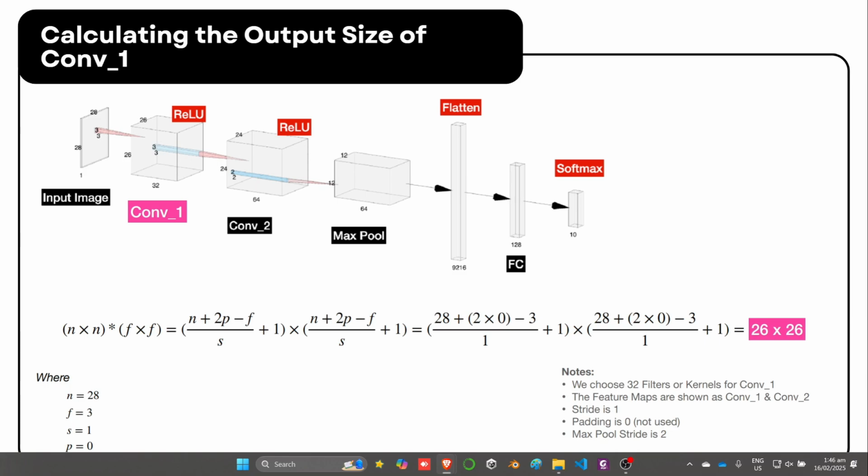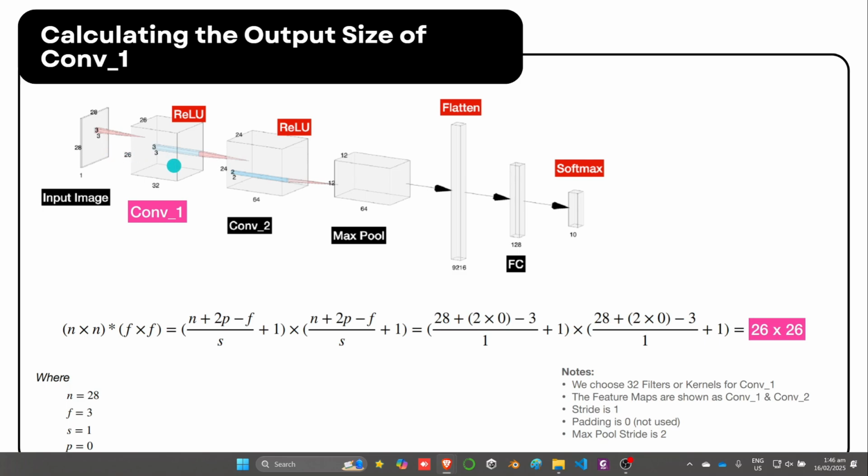So let's take a look at how we calculate the output size of the first convolutional layer, the one in pink. You can see we had a 28 by 28 input and a 3 by 3 filter.